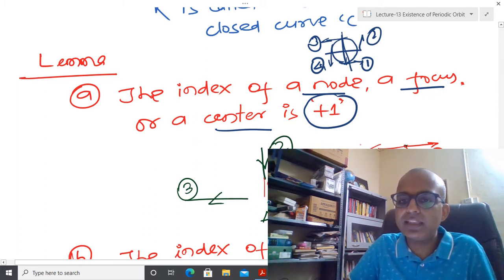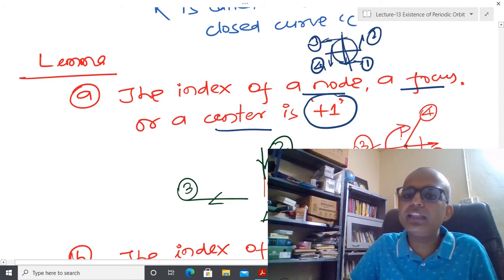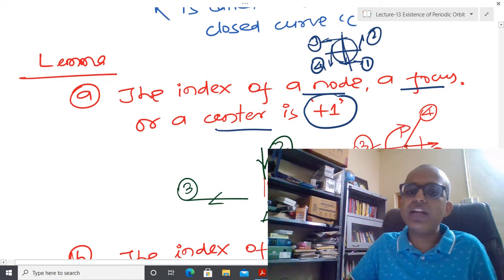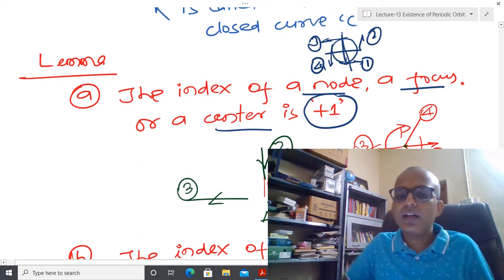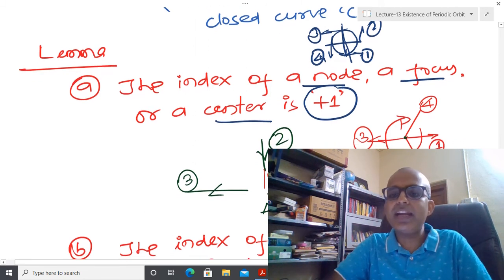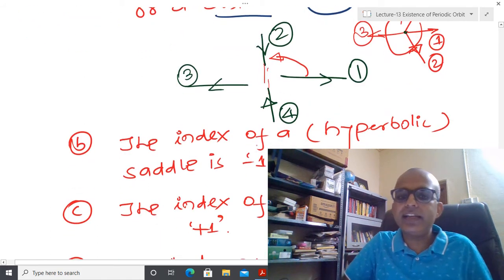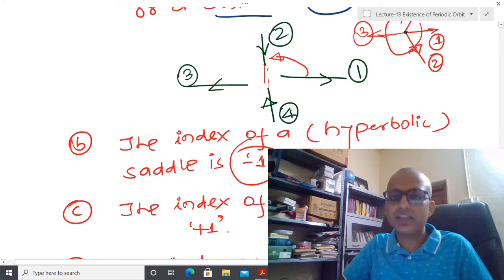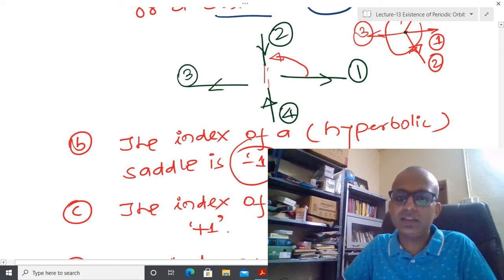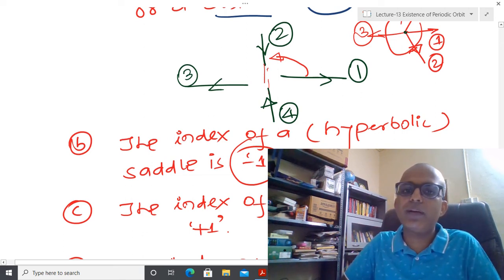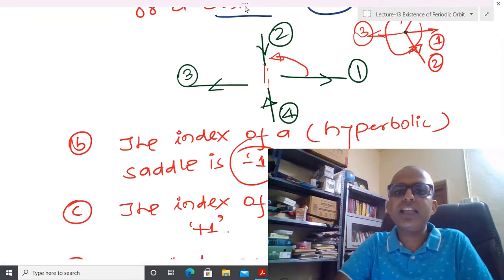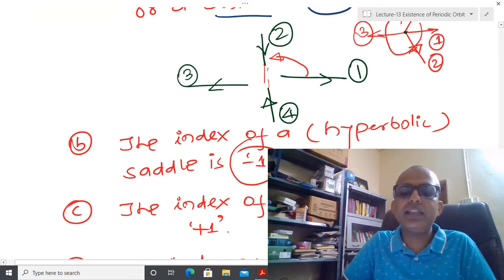So again I have 3 here and 4 here. It means that now I start moving in the opposite direction, and due to that, in the case of a saddle point, I have index -1. Please do this drawing and confirm this, because this lemma is proved by drawing or seeing the vector field only.